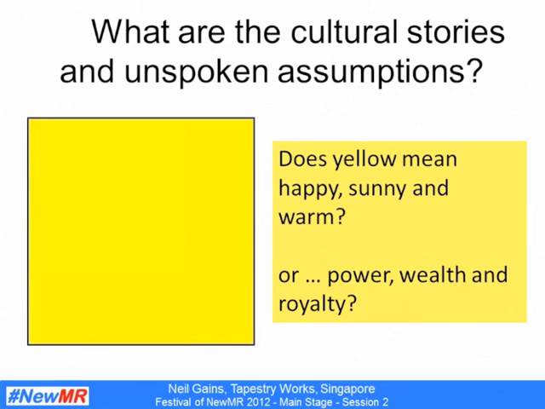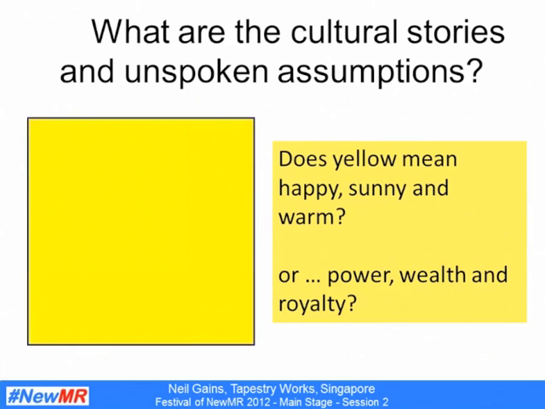There are also often cultural stories and unspoken assumptions that we might make. And one of the interesting ones, certainly one of the initial questions or assumptions that I had, was about the color of one of the brands. Yellow is obviously very striking, and this particular brand were using it in a very striking way as well.